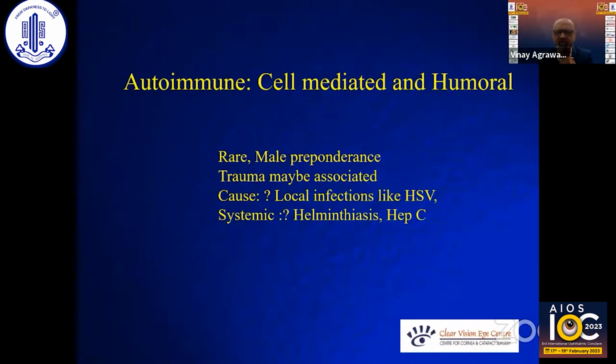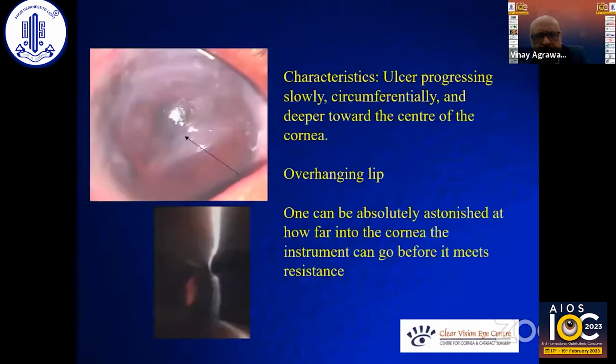Some associations with trauma have been mentioned, as well as local infections like herpes simplex, or systemic diseases like helminthiasis and hepatitis C. Whether association means a causative inference is open, but it is unlikely to be the case is what most of us would feel.